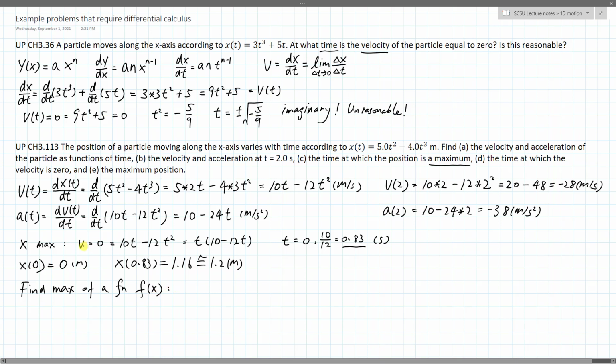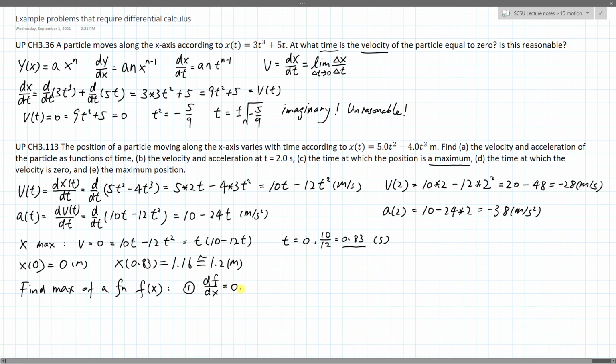We went for not the function itself, x, but we went for its derivative and set that equal to 0. So we can generalize that idea in math. If you want to find the maximum of a function, first you differentiate this function with respect to its independent variable and set that equal to 0.